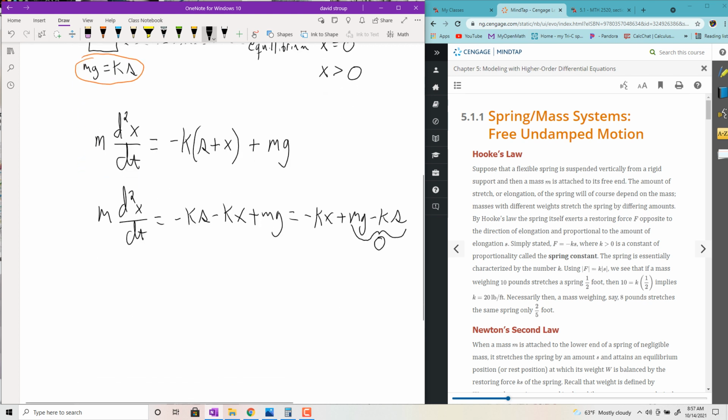So I can rewrite my system as mass times acceleration equals negative k times x. Then I'm going to set it equal to 0 and divide through by m. Okay, so I get m times d2x over dt2 plus kx equals 0.